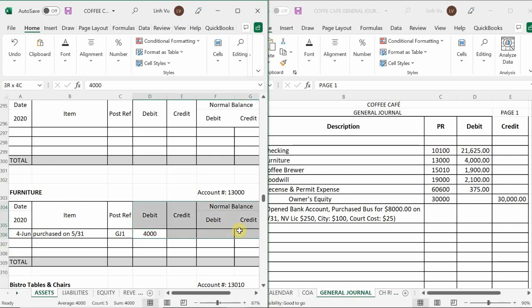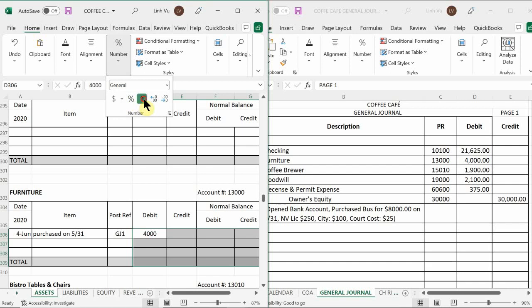So what I'm going to do here is, once again, format this to be comma style so I can see all those zeros, okay? And because I increased, if I started my account with 0 and I increased it with a debit by $4,000, then I have a total $4,000 debit balance in my furniture account. Okay?